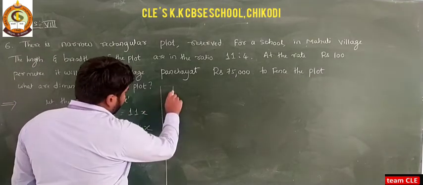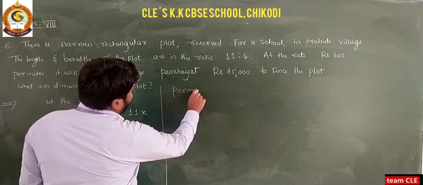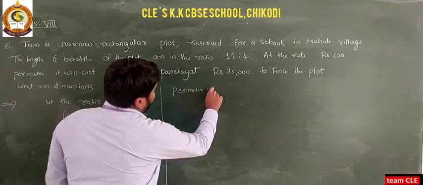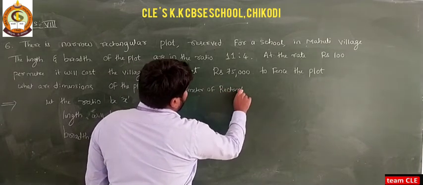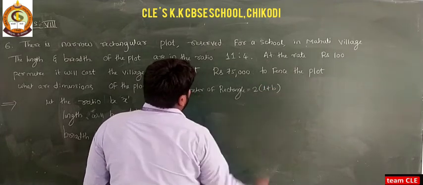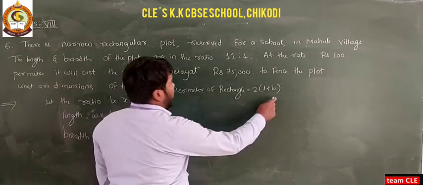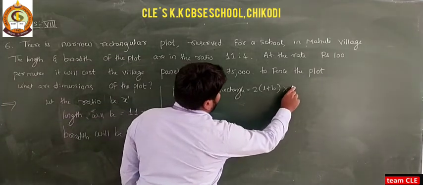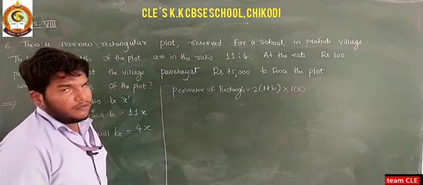They are asking us to find the perimeter of a rectangle. You know the perimeter of a rectangle is 2 into (L plus B), and this is multiplied with the rate, rupees 100.